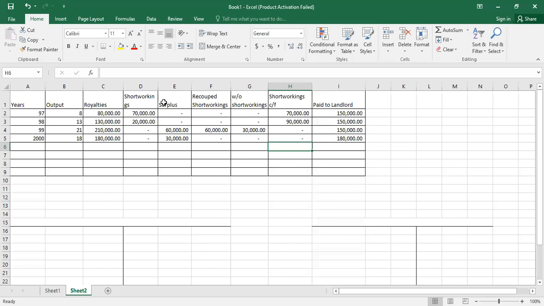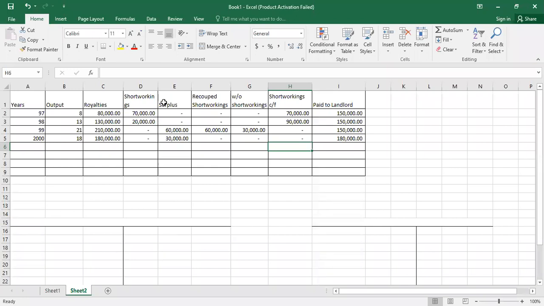So the amount paid to the landlord is decided by the royalties in column 3. So if royalties in column 3 is less than minimum rent, then the minimum rent will be paid. Are we there? Yes. And the deficit becomes our shortcomings.